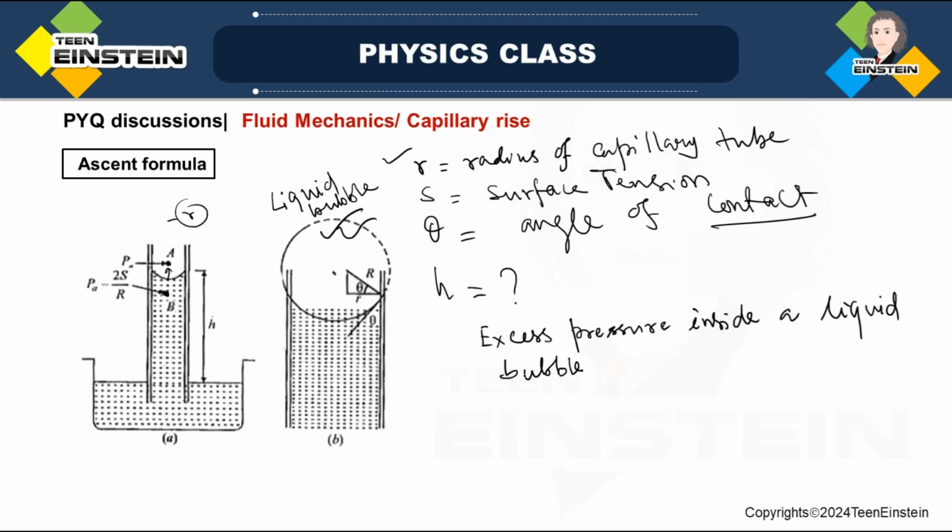The excess pressure is always 2S by r, where r is the radius of the liquid bubble.